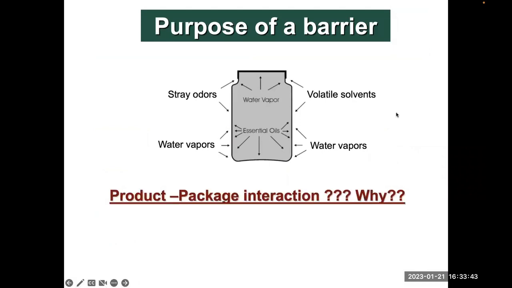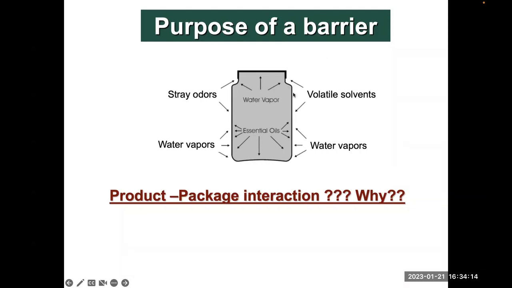Now, the concept of barrier is also linked with product package interaction, and it could also happen that you have stray odor coming from outside, from some other products to inside the package. Or you can have volatile solvent.